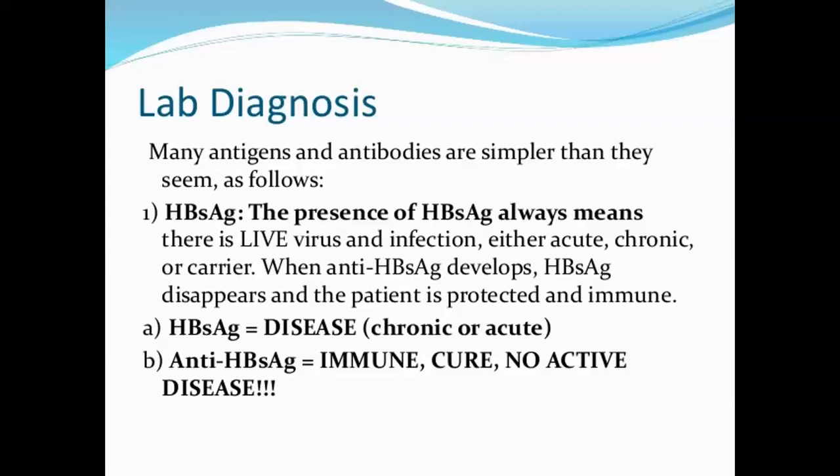When anti-hepatitis B surface antigen develops, the hepatitis B surface antigen disappears and the patient is protected and becomes immune. Hepatitis B surface antigen means a disease, chronic or maybe acute. Anti-hepatitis B surface antigen means the patient may be immune, cured, or have no active disease.